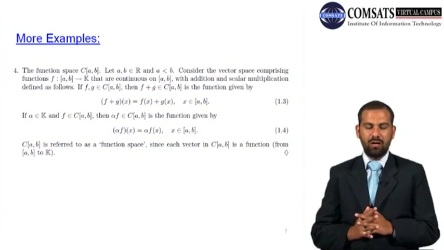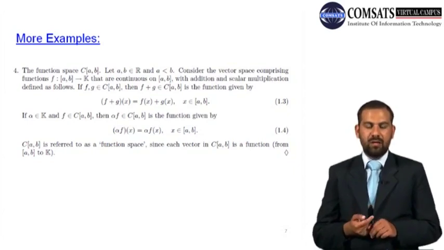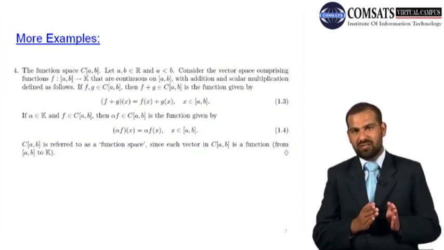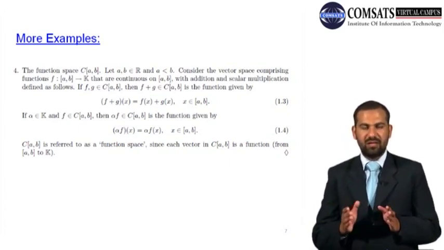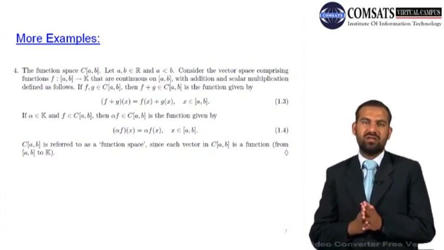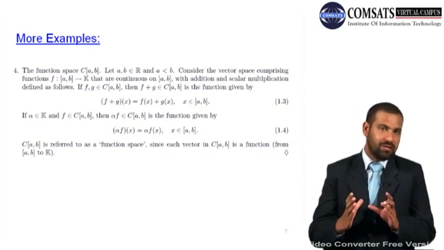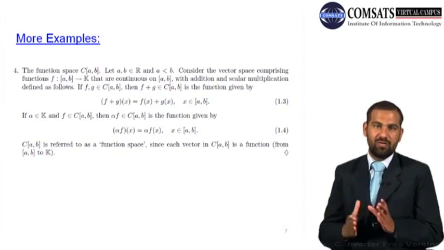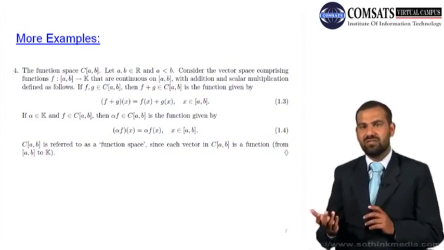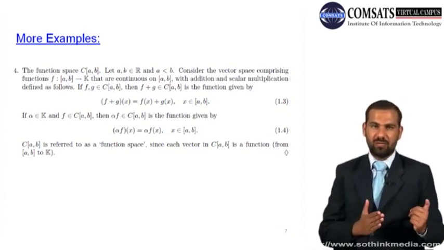The space of all continuous functions is also a vector space: if you pick two continuous functions defined on the closed set [a,b], then their addition also belongs to the collection of all continuous functions on [a,b]. We know that the sum of two continuous functions is a continuous function. The product of two continuous functions is a continuous function. These are the properties of continuous functions which we studied in the calculus courses.